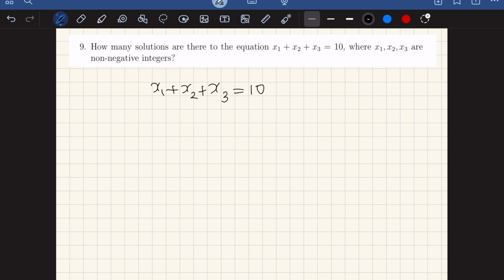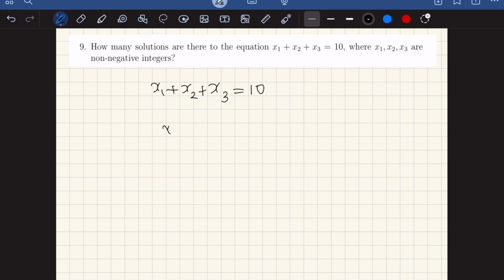Okay, good. Yes, that is right, the idea is correct. You use the same stars and bars counting method. The only thing you have to do is identify the stars and identify the bars. So how many stars are there in this case?